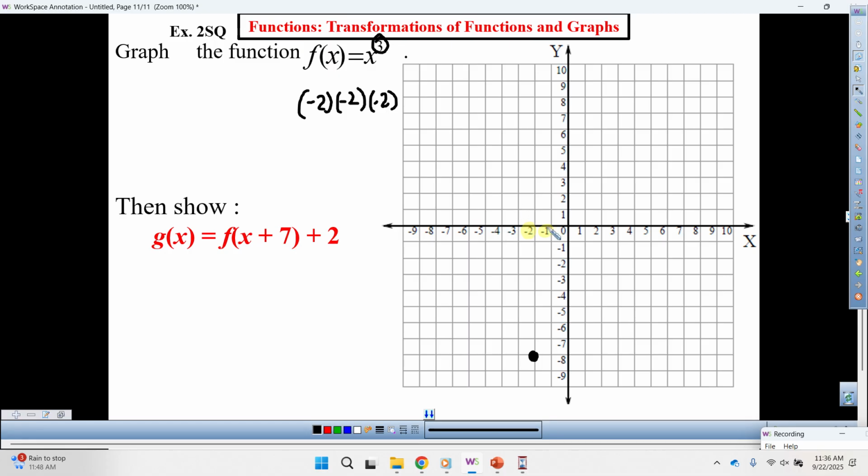Okay, so negative 2, we cubed it. Is that correct? So that's negative 2 times negative 2 times negative 2. Next x value is negative 1. What does that mean? Negative 1 times negative 1 times negative 1. What is negative 1 times negative 1? Positive 1 times negative 1 is negative 1.